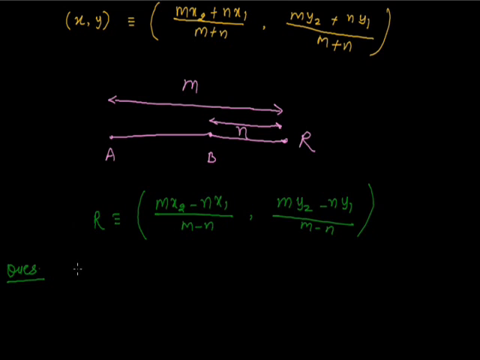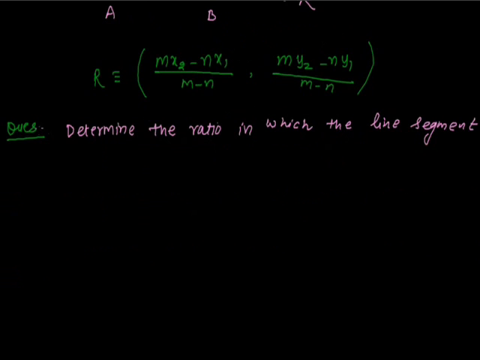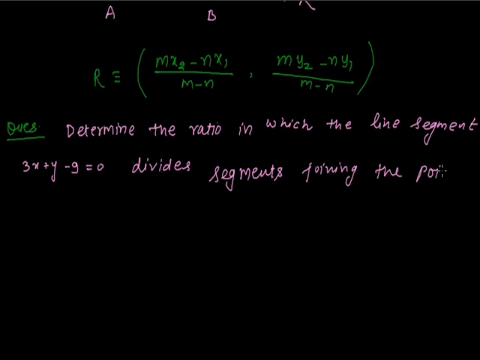The question is: determine the ratio in which the line 3x plus y minus 9 equals 0 divides the line segment joining the points (1, 3) and (2, 7).